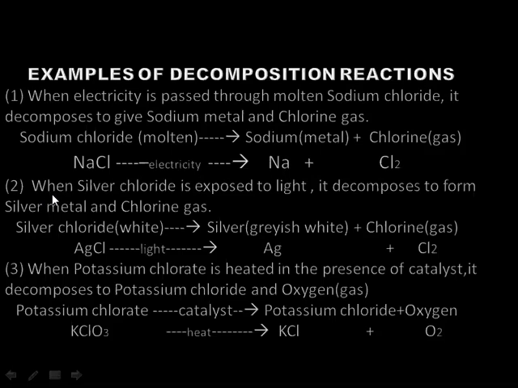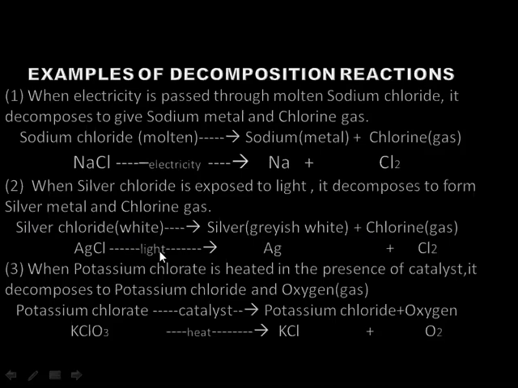Second example. When silver chloride is exposed to light, it decomposes to form silver metal and chlorine gas. Word equation will be: silver chloride, white, in presence of light gives silver and chlorine gas. Formula equation will be AgCl in presence of light.